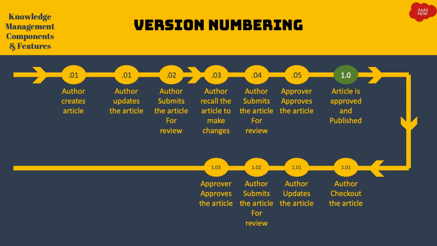And then the article is published automatically after approval, and it creates version 2.0. So this is how numbering happens for ServiceNow knowledge management when you enable version functionality.